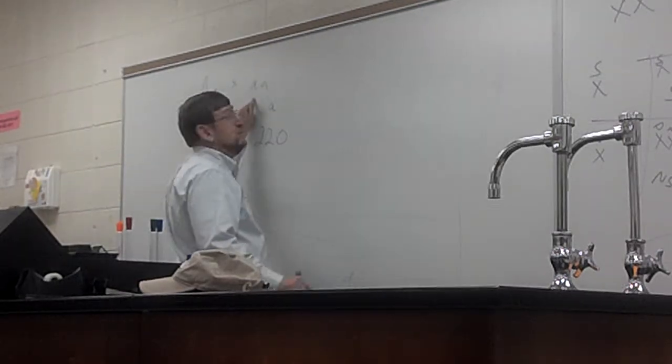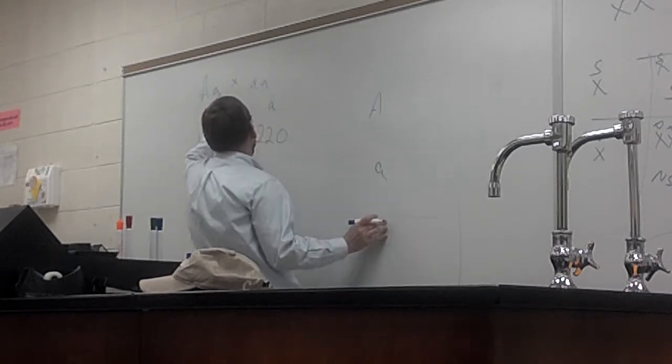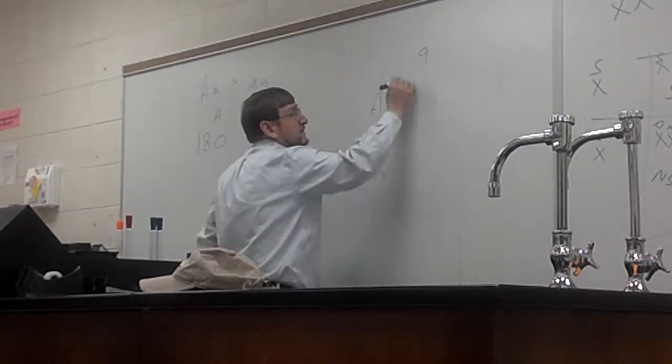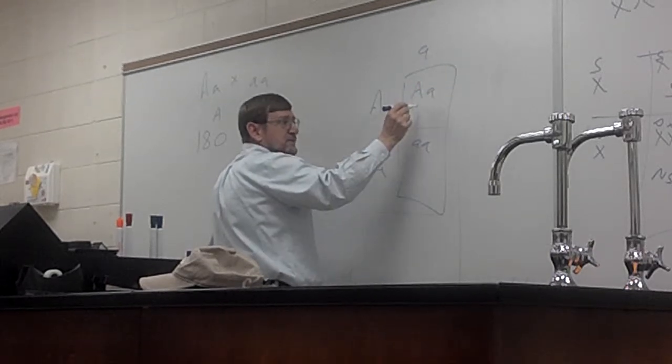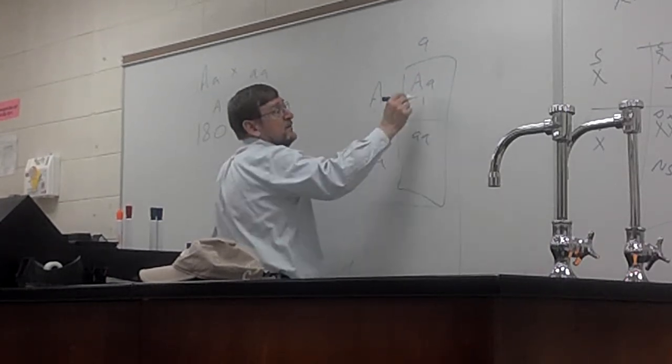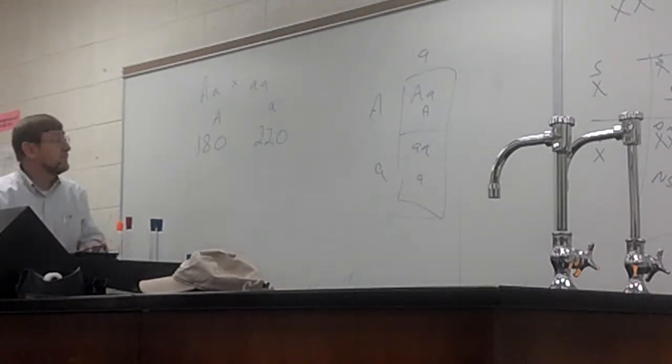So first you've got to be able to do this cross: from this parent, get 2 gamete types; from this parent you get 1. So you expect 1 dominant for every 1 recessive. So you expect a 1-to-1 ratio.